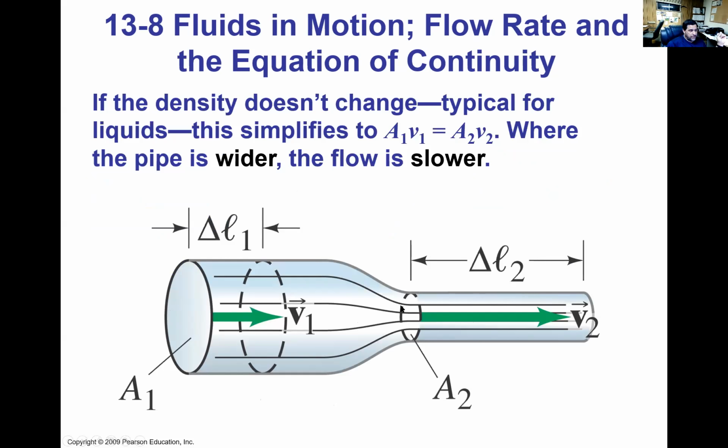So if we reduce the area, you're going to increase the velocity. If you increase the area, you're going to reduce the velocity. If the density doesn't change, typically you just have A1 V1 equal to A2 V2. Pipe is wider, flow is slower. Pipe is narrower, flow is faster. Velocity is faster.